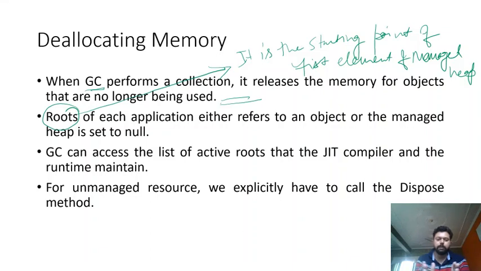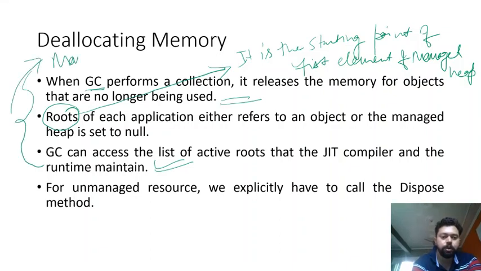So the garbage collector can access those active roots. So this is the third point. This is deallocation of memory for managed code. These 3 points are for managed code.